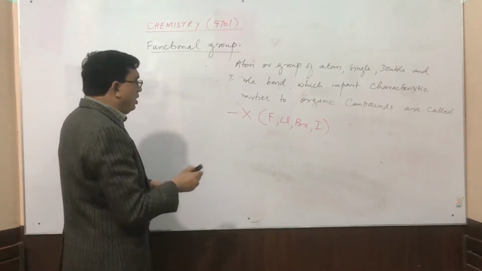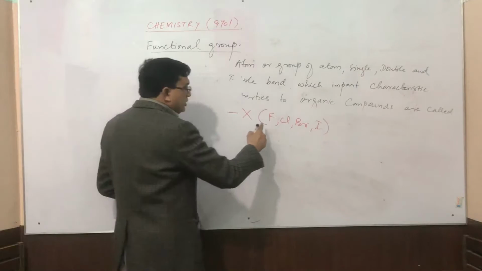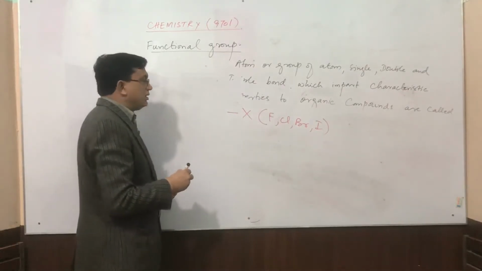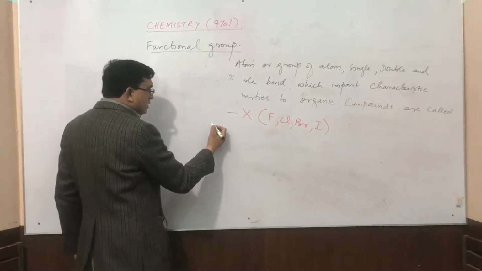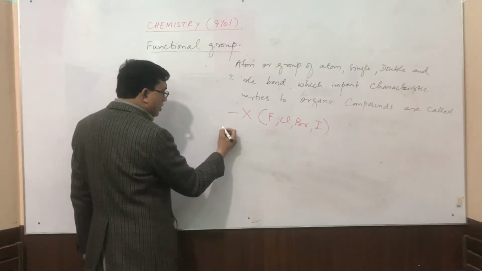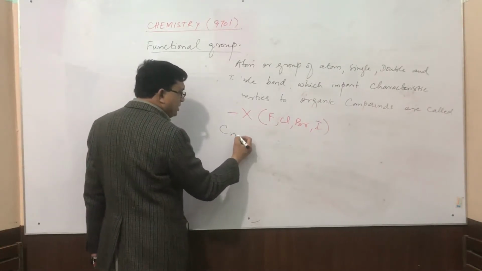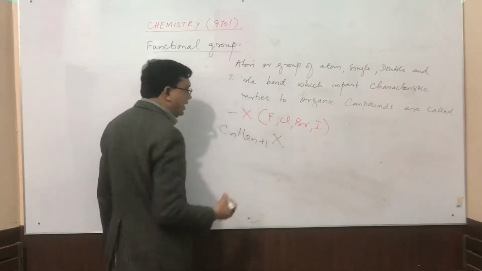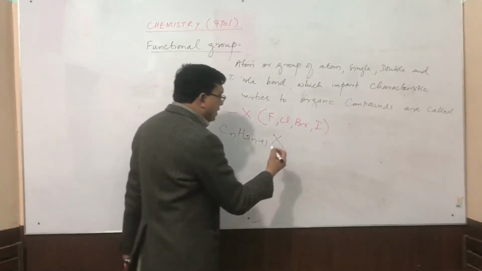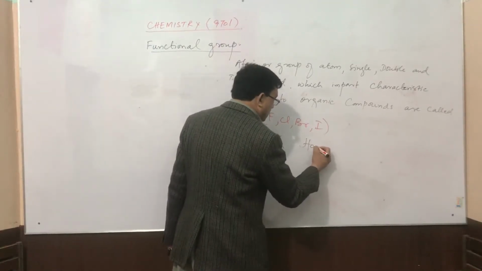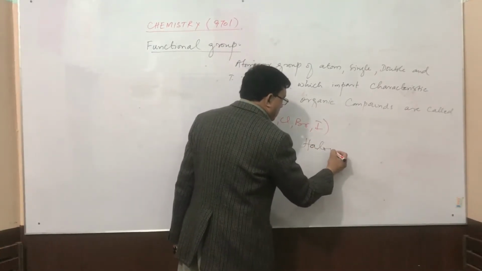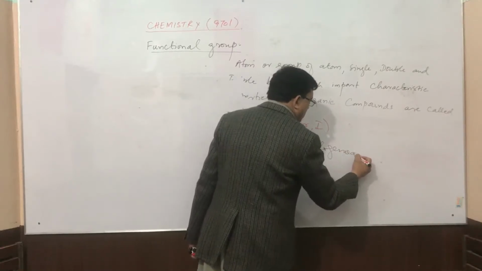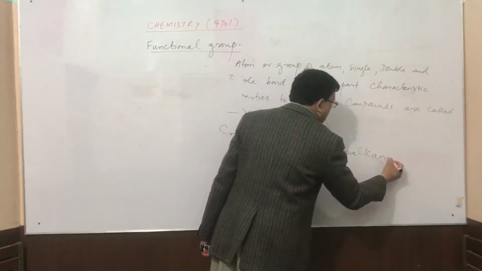The general formula for the functional group halogens, these compounds will be called as halogenoalkanes, and general formula will become CnH2n plus 1 and then capital X. These are called as halogenoalkanes.